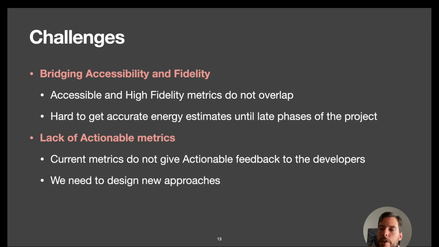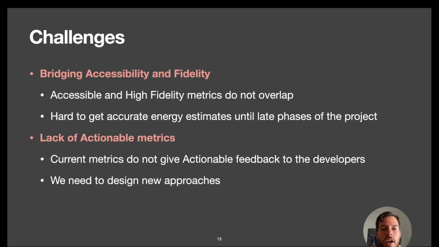It would be really useful for SNN developers to have accurate energy estimates before having to go into the late phases of the project, so having accurate energy estimates before or during the design of the architecture, since it's much easier to iterate over different software designs rather than hardware designs.